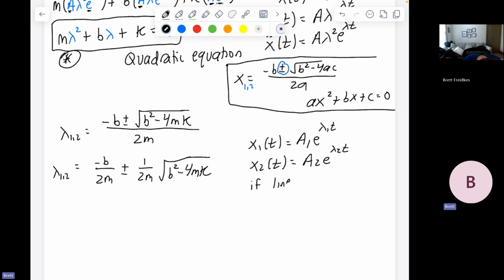If they are linearly independent, again, meaning that the two solutions are not multiples of each other in some way. If they have different exponents, then we won't be able to multiply one by a number to get the other. So if they're linearly independent, the total solution is just the sum of them.